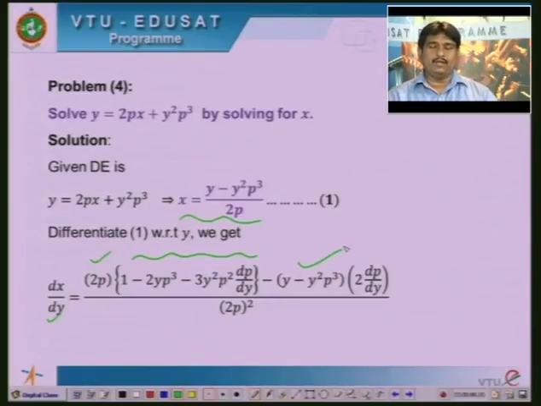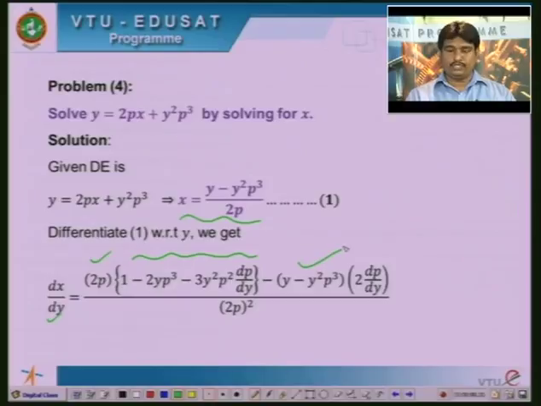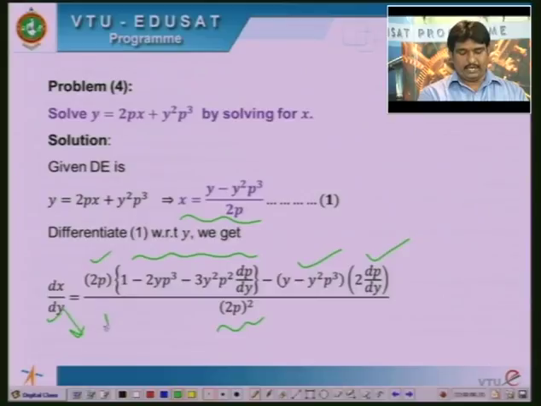Denominator is 2p and derivative of 2p is 2 into dp by dy, divided by denominator square, 2p the whole square. Now write this dx by dy as 1 by p, because you know that p is dy by dx.